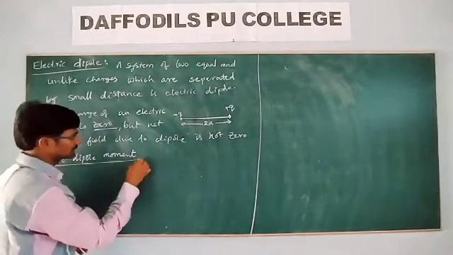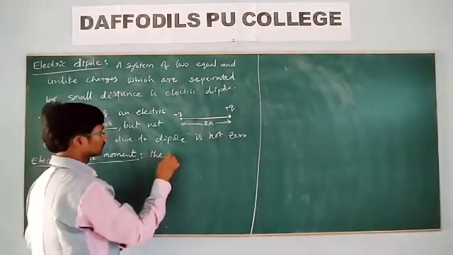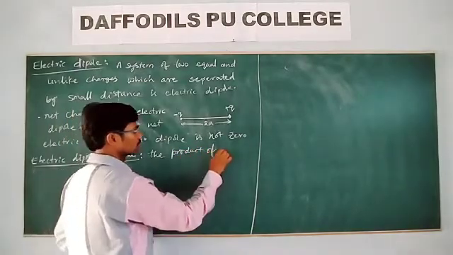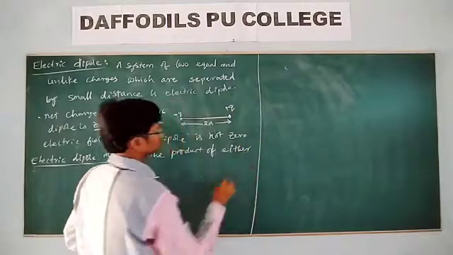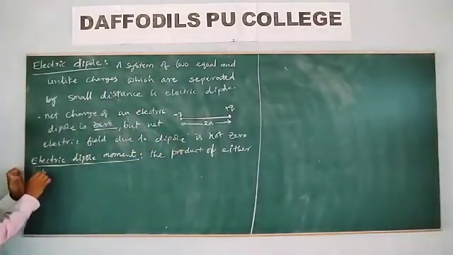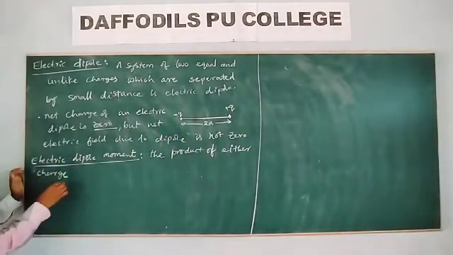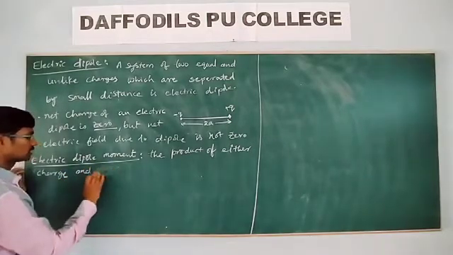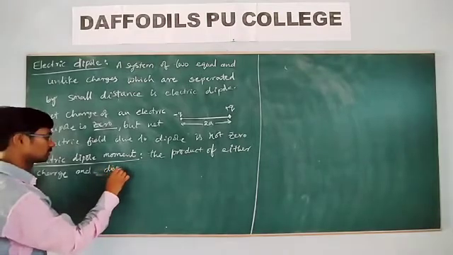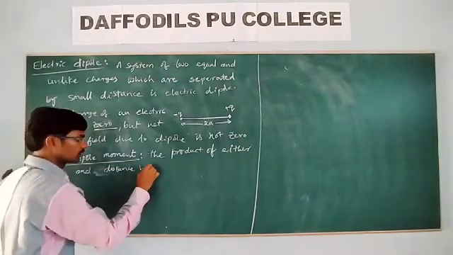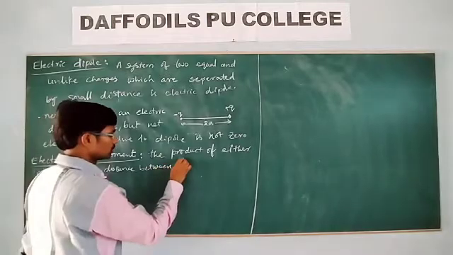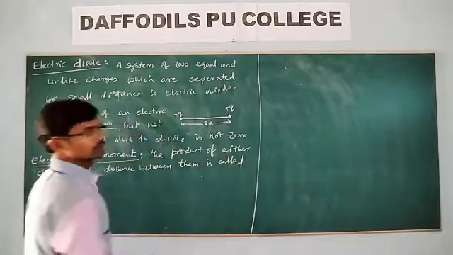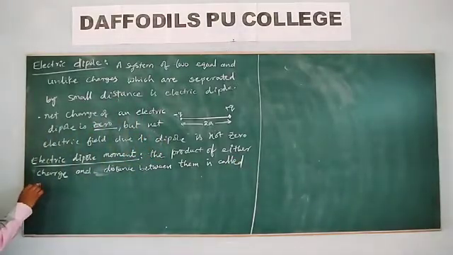The product of either charge and the distance between them is called electric dipole moment.